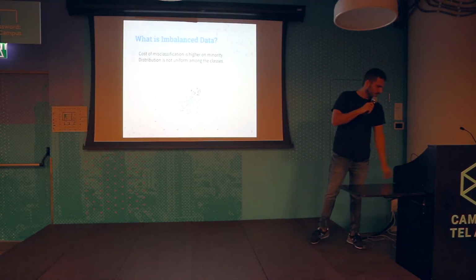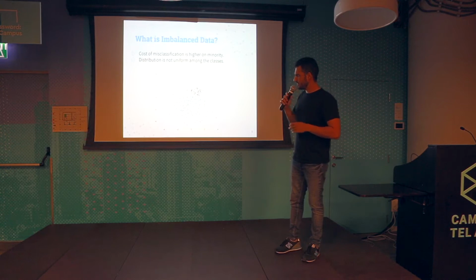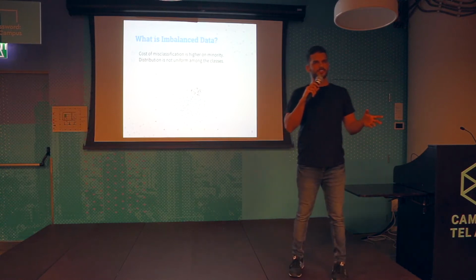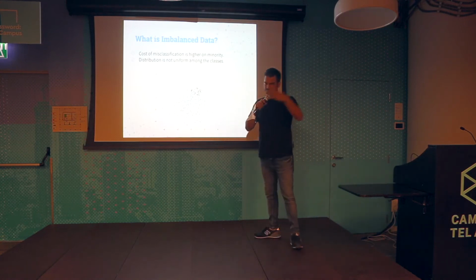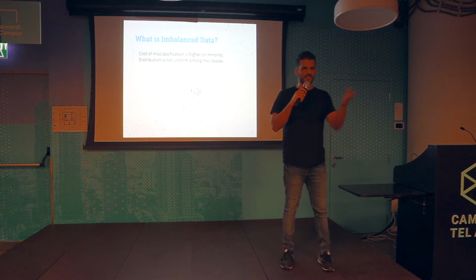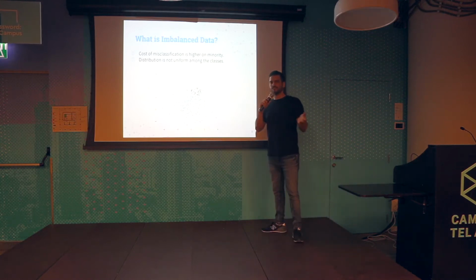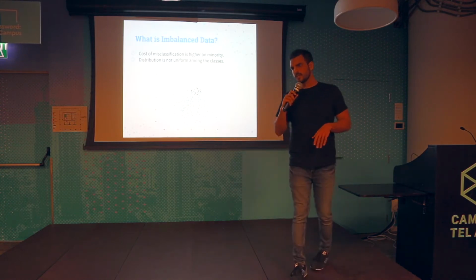So what's imbalanced data? Imbalanced data is a case in which we have a classification. It doesn't have to be a binary classification, it doesn't have to be 0 or 1. You can have multiple classes, like in the Iris data set, if you guys are familiar with it. But for this talk, we're going to focus on binary classification, 0s and 1s.